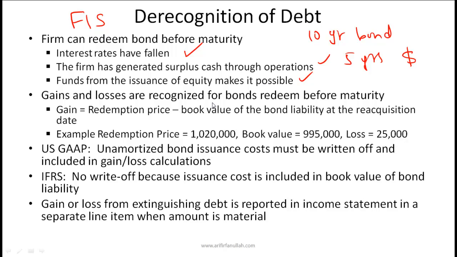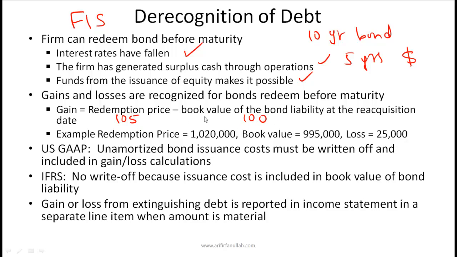Gains and losses are recognized for bonds redeemed before maturity. So let's say that we continue with this example. 5 years into the life of the bond, let's say that you redeem the bond for 105, and the book value of the bond is, let's say, 100. So you have paid more for the bond than the book value.